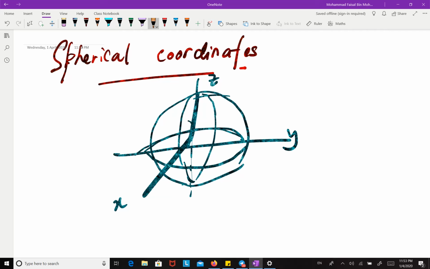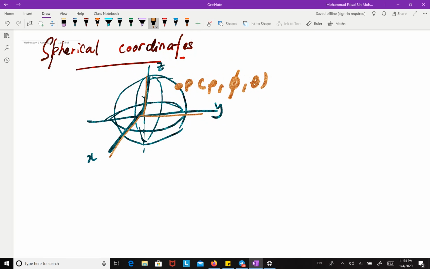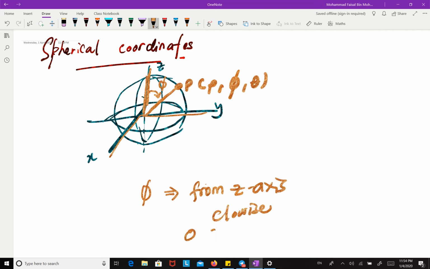So three things. Let's say I have a point P here, that is a function of rho, phi and theta. The angle from the Z axis clockwise is called phi. So phi is from the Z axis clockwise, and the minimum angle is 0 and the maximum angle is pi.